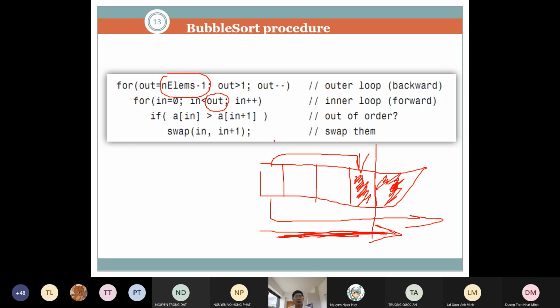What we want... check the solution of Quân. What we do, Quân, did you do the same thing?